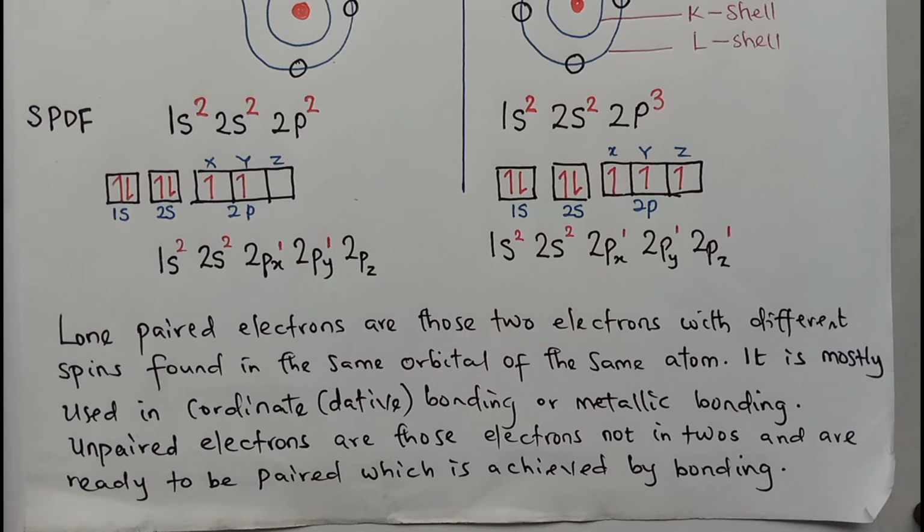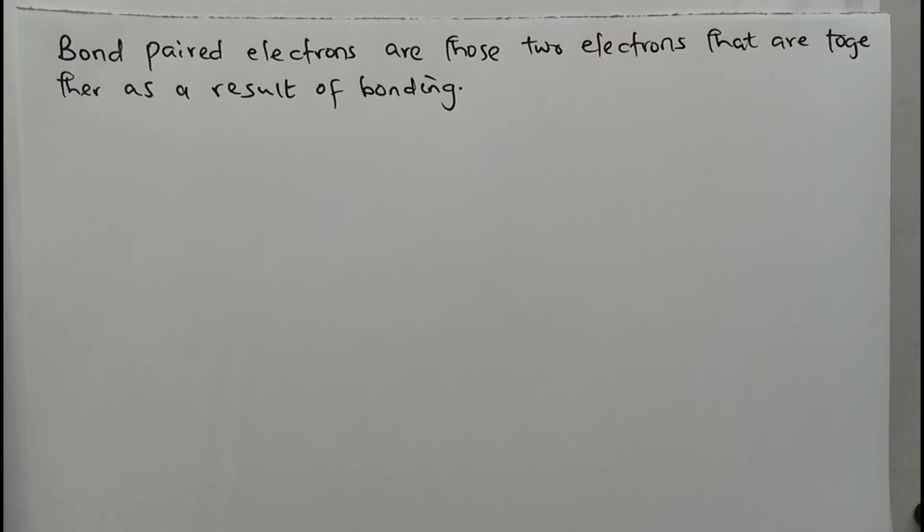Bond paired electrons are those 2 electrons that are together as a result of bonding. Let me tell you, I said that the lone paired electron, we can see it in coordinate or metallic bonding. The unpaired electron can actually be used to have metallic bond, we can have ionic bond, we can still have something like covalent bond.